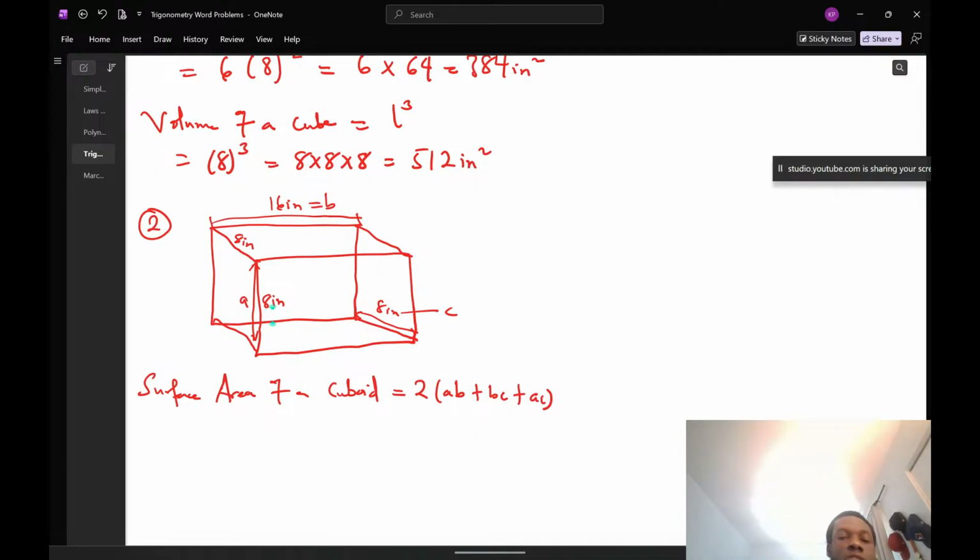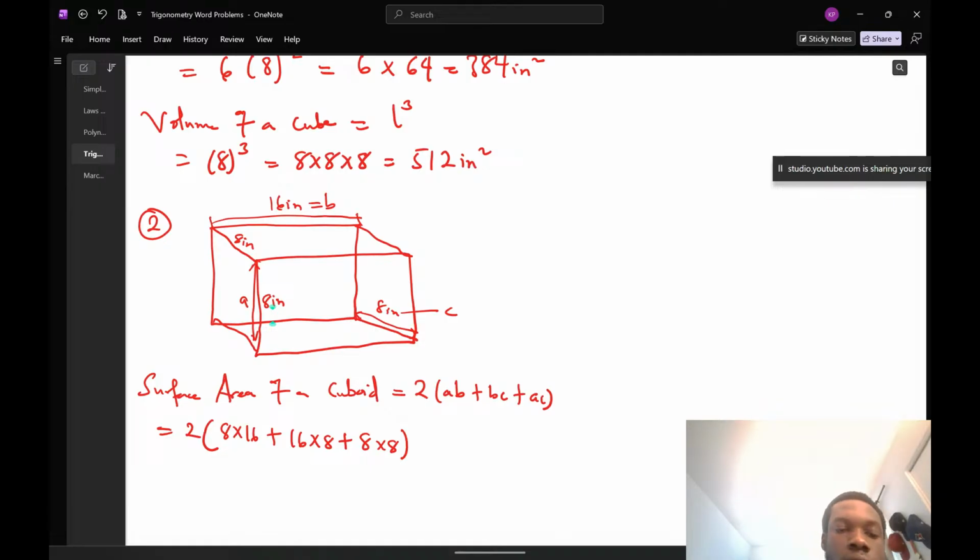The surface area of the cuboid will be equal to 2 into A times B, which is 8 times 16, plus B times C, which is 16 times 8, plus A times C, which is 8 times 8.